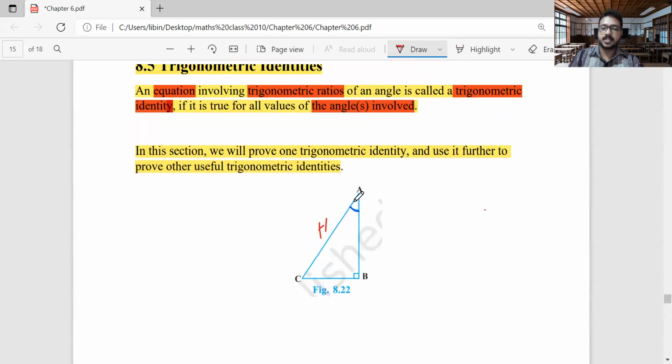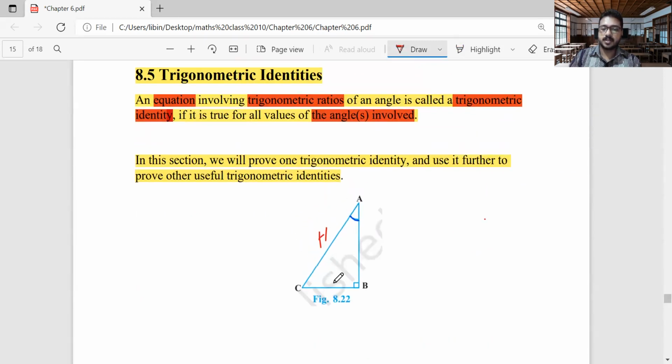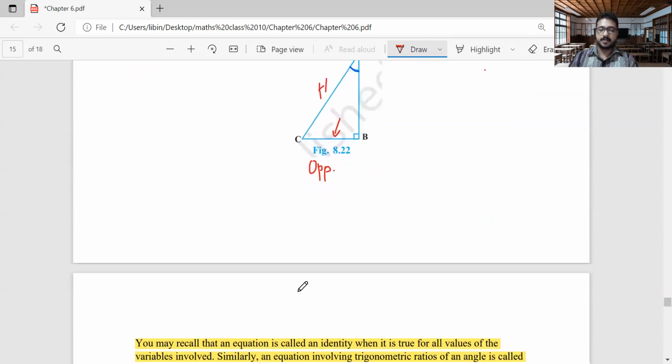Similarly, BC by AC. BC means what? BC means the opposite side, and opposite side by hypotenuse, clear? So it will give you the value of sine A. Sine A means BC by AC.